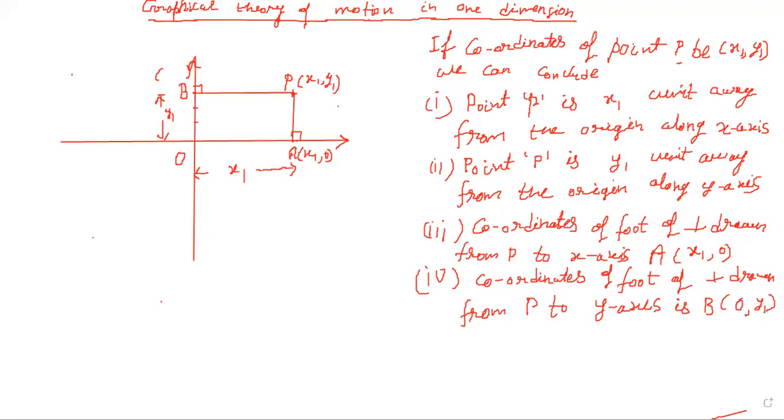These are the conclusions. First, point P is x1 unit away from the origin along the x-axis, denoted by OA equals x1. Second, OB equals y1. A is denoted by x1, 0 and B by 0, y1. So very easy it is.